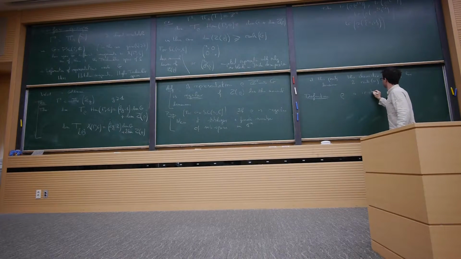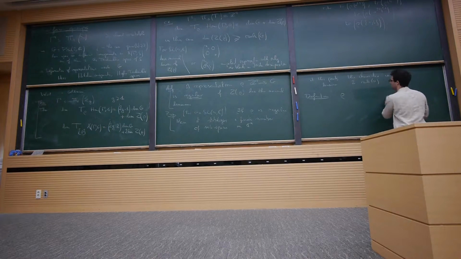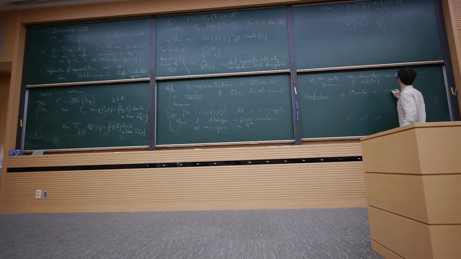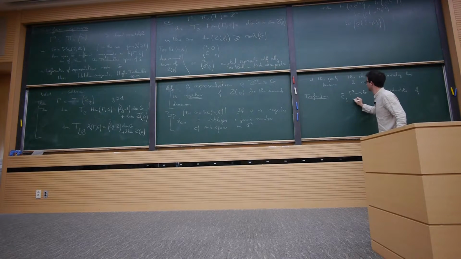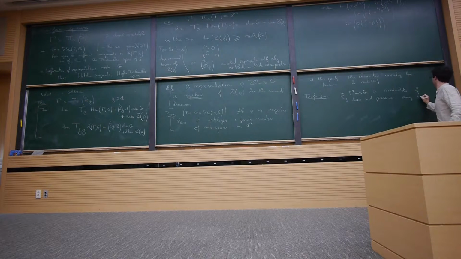A representation is irreducible if it does not preserve any subspace of C^n. Once more, there is a general definition for G a semi-simple group.